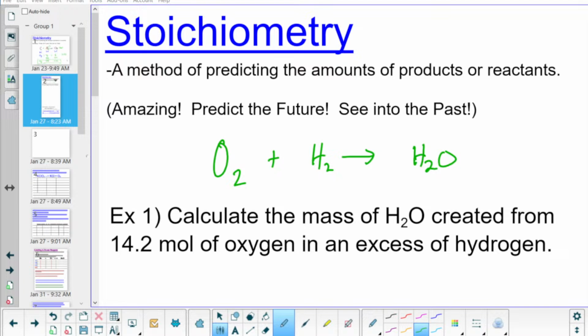These people did something over there. You know, that's a wonderful grams. Grams of what? Calculate the mass of water.